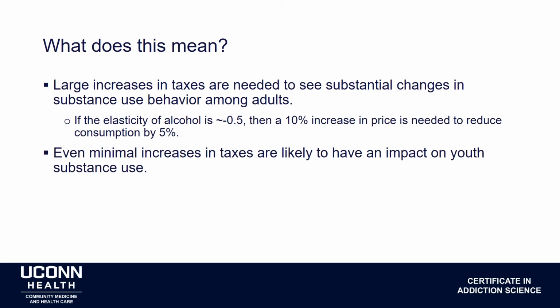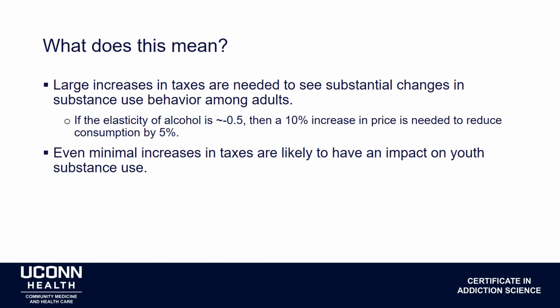So what does it all mean? Why are these price elasticities important? Well, they mean that if we're going to tax something or artificially increase the price of something, we need relatively large increases in taxes and prices to see a substantial change in the prevalence of consumption among adults. So if we want to see a 5% reduction in the use of alcohol, we need to find a way to increase the price of alcohol by about 10% if the elasticity is negative 0.5, like in our hypothetical example.